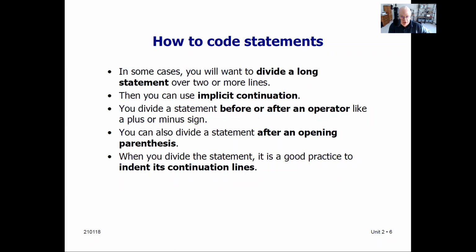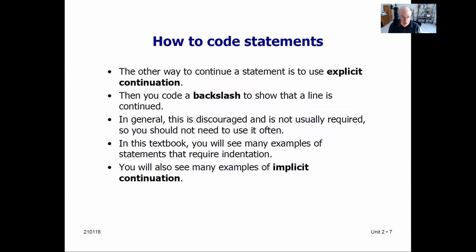Or, and this is a safe way, our example does this, break at an operator, either on the left or the right of an operator. That's a good clean place to break. Just realize if you break in the wrong place, the interpreter will not see the whole statement, and you'll get an error message. It will not compile. That's why we're sensitive about this. So after the opening parens or before or after an operator is really good.